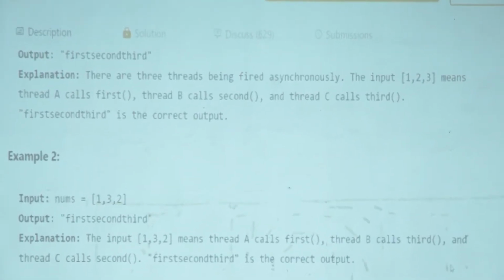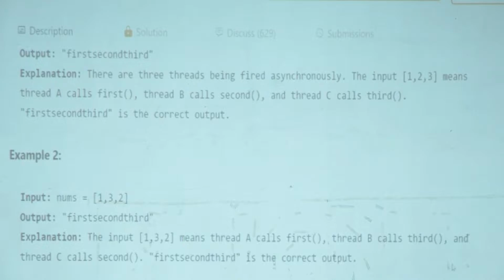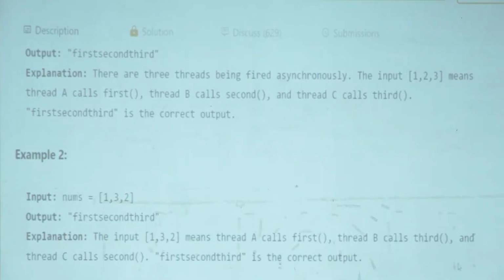Again it should print first, second, third only. Whatever order in which the threads are started and run, the answer should always come first, second, third. This is mandatory. Okay? So, which means we have to do our synchronization mechanism, we have to do our wait notify mechanism, and all of that.